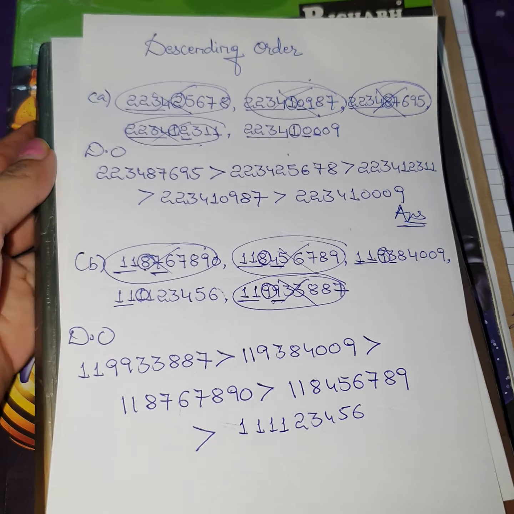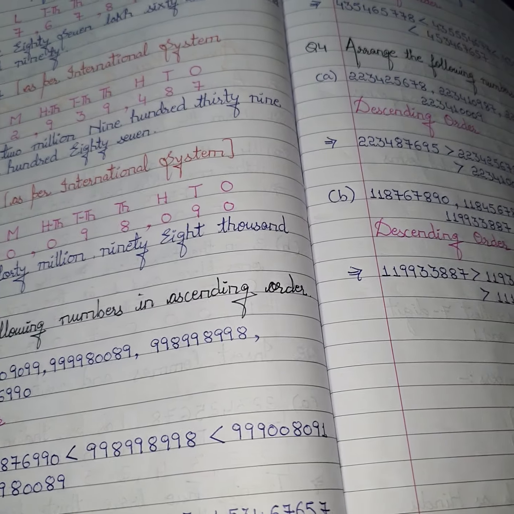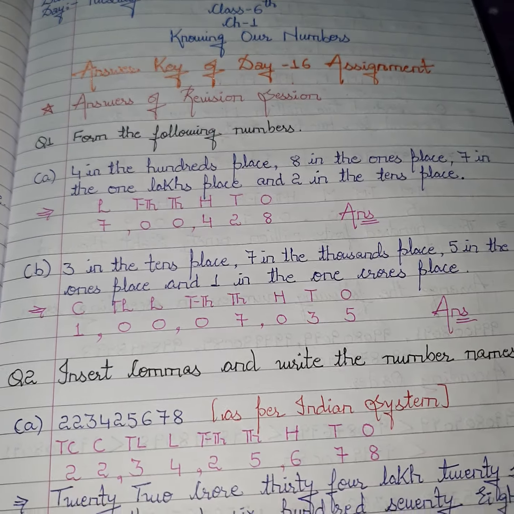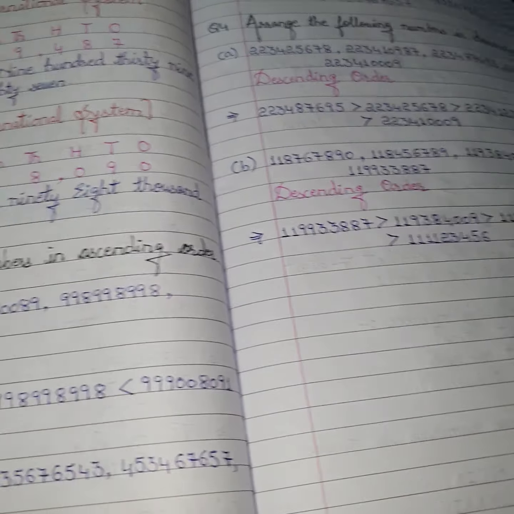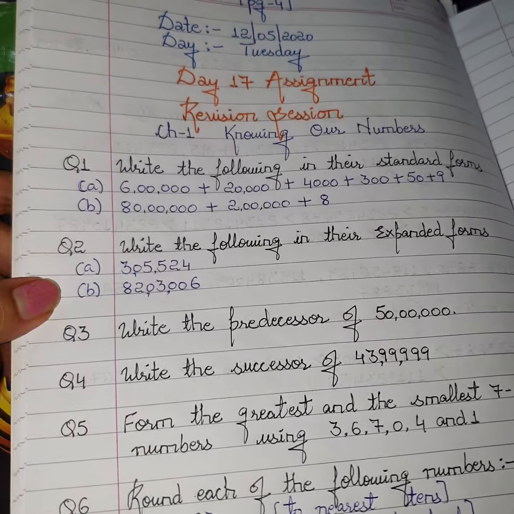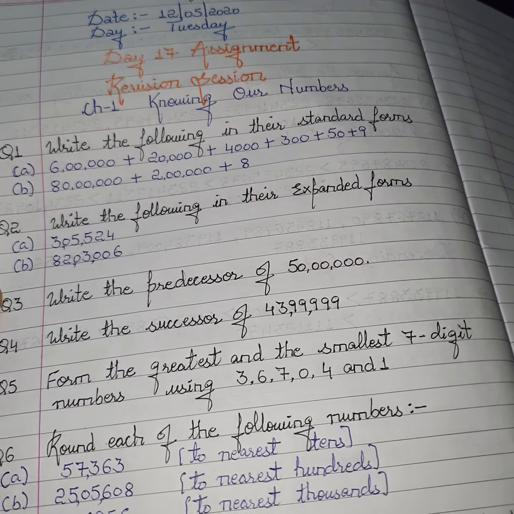Okay students, so this was your revision sum of chapter number first, which I have given you in assignment, and this complete answer key is available to you all in today's PDF. You can go through it to check all your solutions. Then in today's assignment also I have given you revision sums related to your chapter number 1 only.